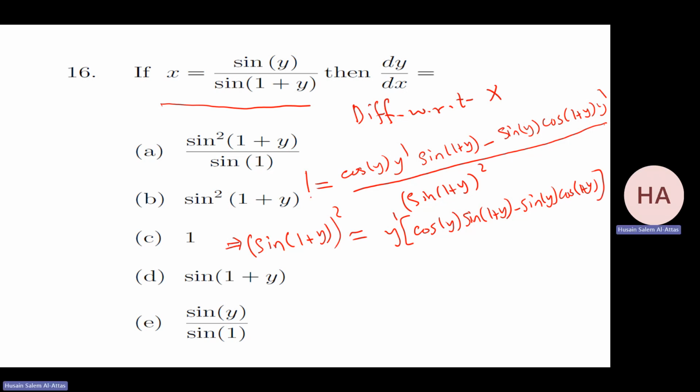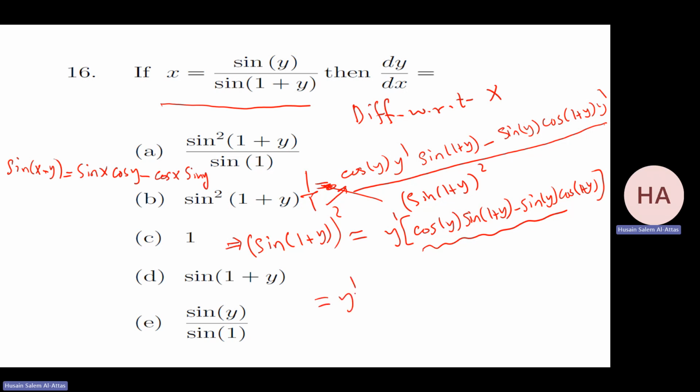I just do this is 1 over 1, this times this. Okay, what is this? Cosine sine minus sine cosine. Just find the difference of two angles. We know that sine(x plus y) will be sine x cosine y, sorry, minus cosine x sine y. So I need this formula.